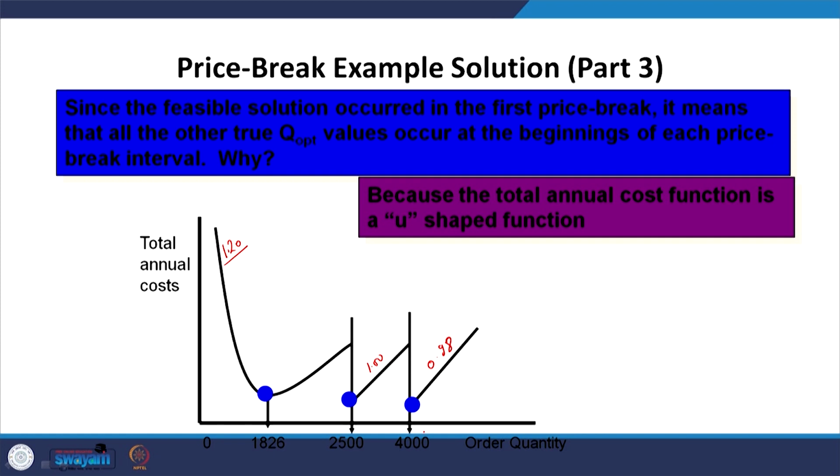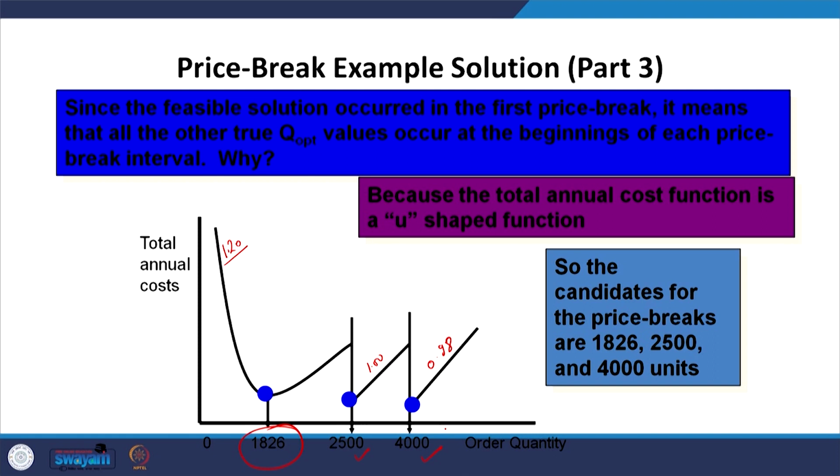As I suggested, for this particular curve, this will be the order quantity which we will select for calculation of total inventory cost, and then for others it will be 2500 and 4000. So, that is what we will consider, three price breaks at three different levels.